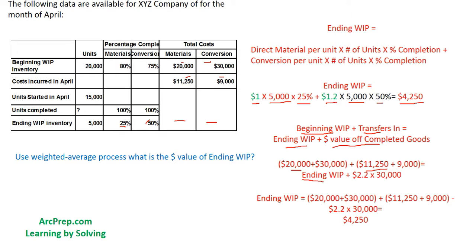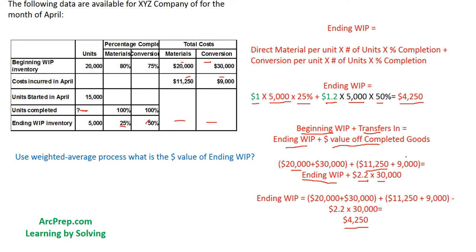That is going to be equal to ending work in process inventory plus the 2.2, the full cost we found, multiplied by 30,000 units that are completed. From this perspective, we can also calculate the value of the ending work in process inventory, and again, it is 4,250, another checkpoint or proof point for work in process inventory.